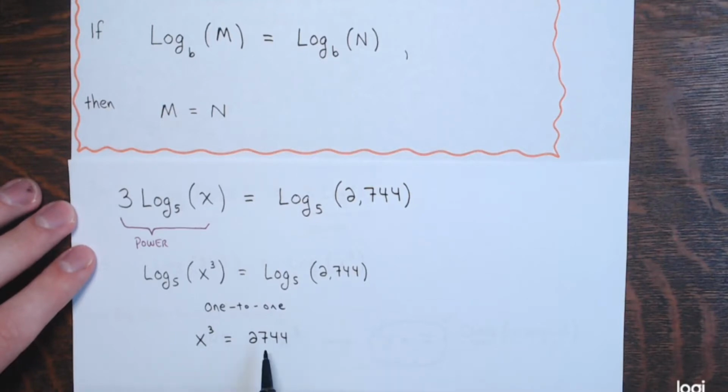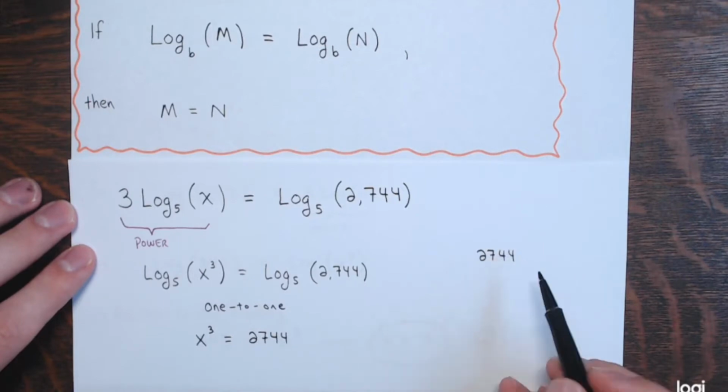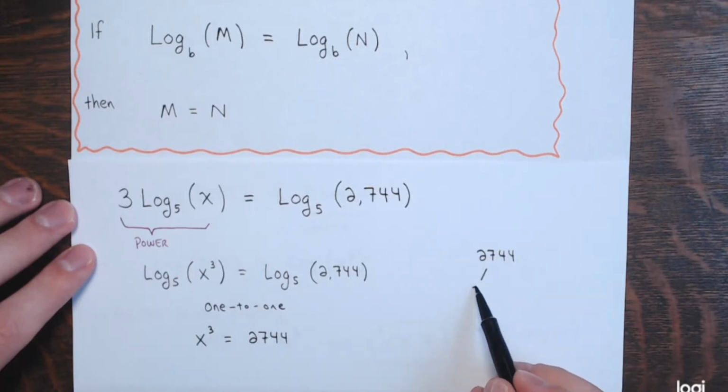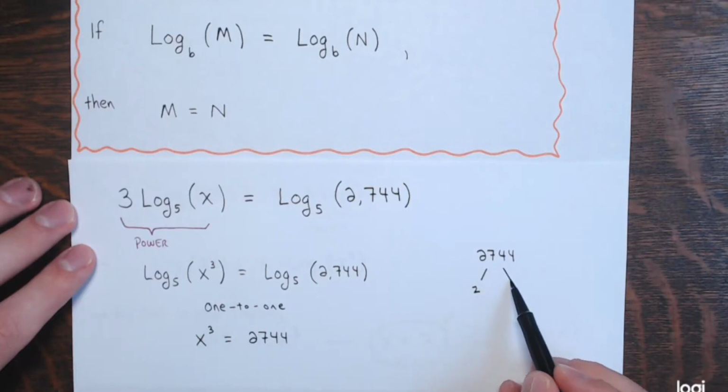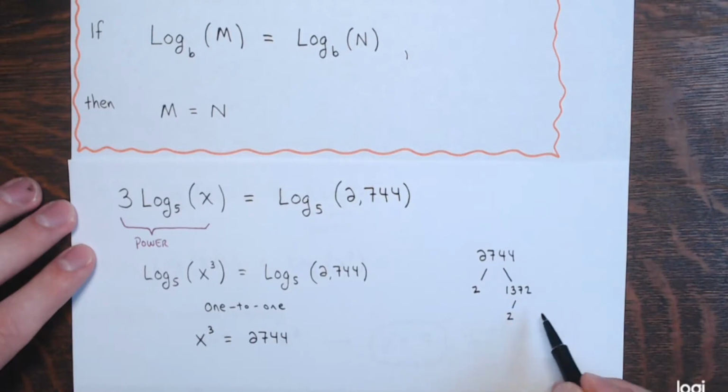So I'm going to start factoring this off to the side here, 2,744. Now obviously it's a multiple of 2, and that'd be 1372. And this is a multiple of 2. That'd be 686.